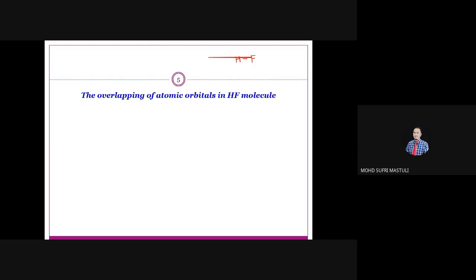Is it s orbital with s orbital, or s orbital with p orbital, or s orbital with f orbital? So we don't know. So we have to identify which orbital in each atom is involved in the formation of the bond. So we have to draw the energy diagram of the valence electrons for each atom.